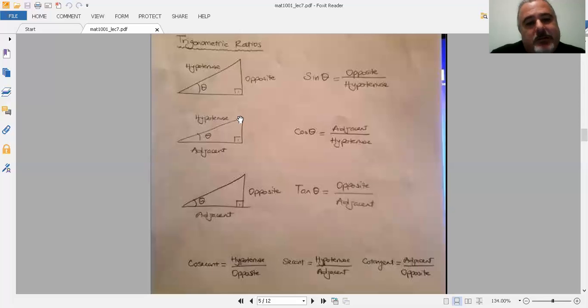This is the adjacent of the angle, and this is the hypotenuse, the longest side of the triangle. So cosine is adjacent over hypotenuse. And the tangent theta is opposite over adjacent. And it is continuing. There are more, but we will explain them later.